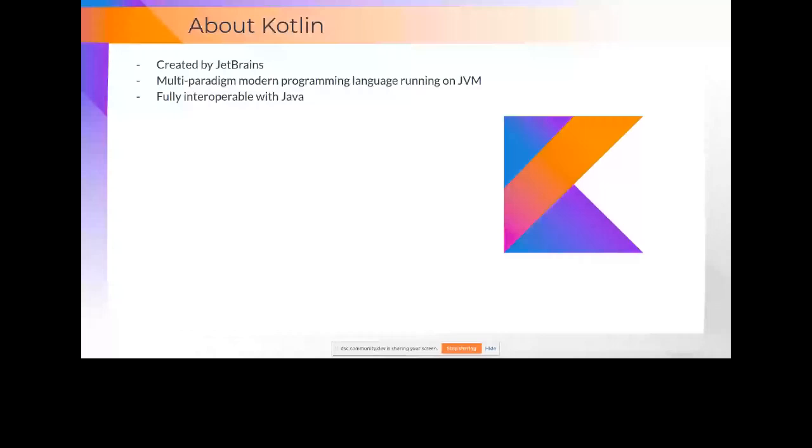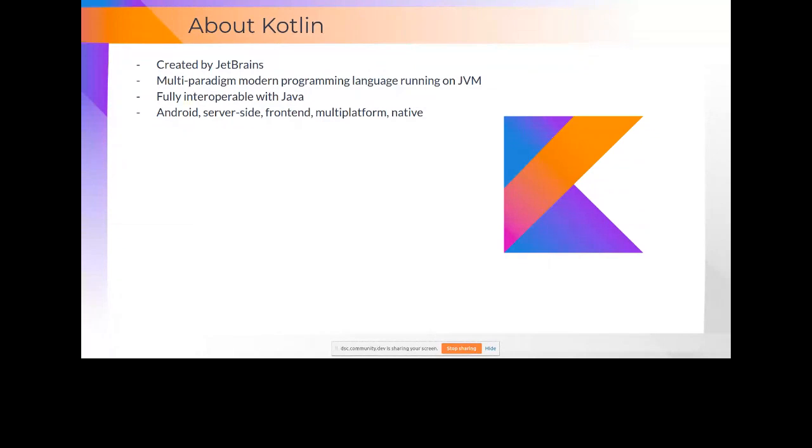And it's 100% interoperable with Java, so you can use your tools and libraries from Java. You can use your Java classes and code without any problems. It is mainly used for Android development, but it also works very well for server-side development and front-end development.